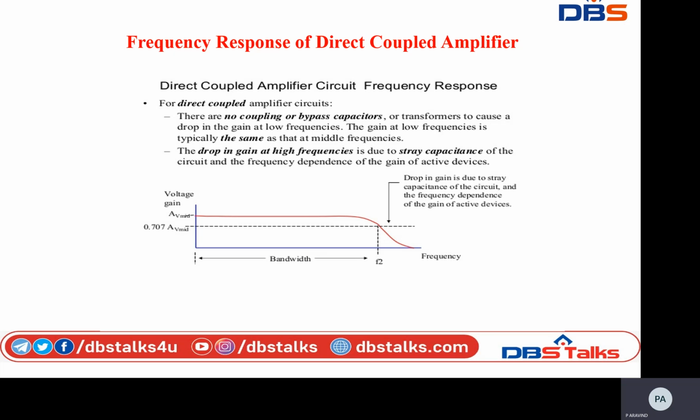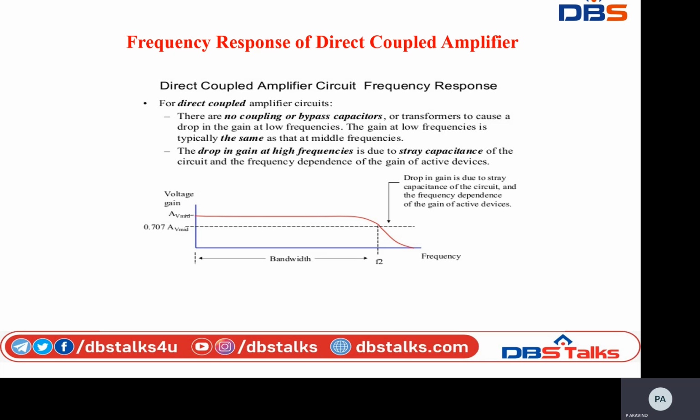So here is the frequency response of the direct coupled amplifier. The drop in gain is due to stray capacitance of the circuits and the frequency dependence of the gain of active devices.